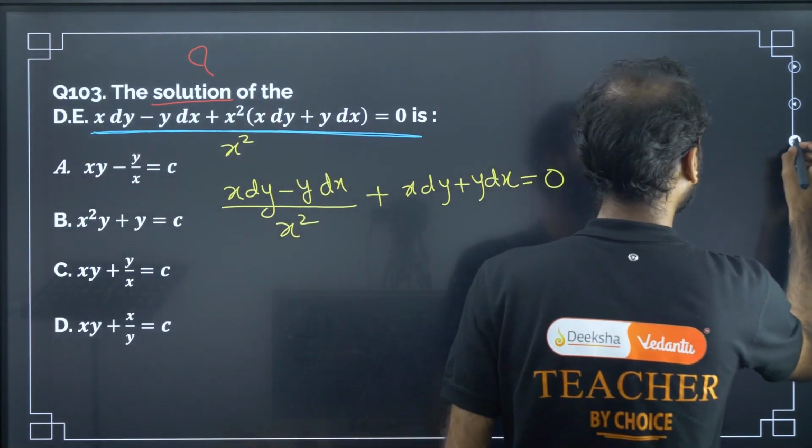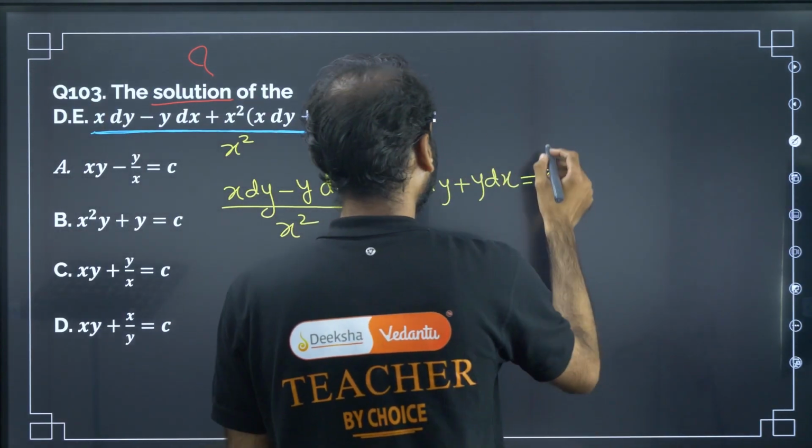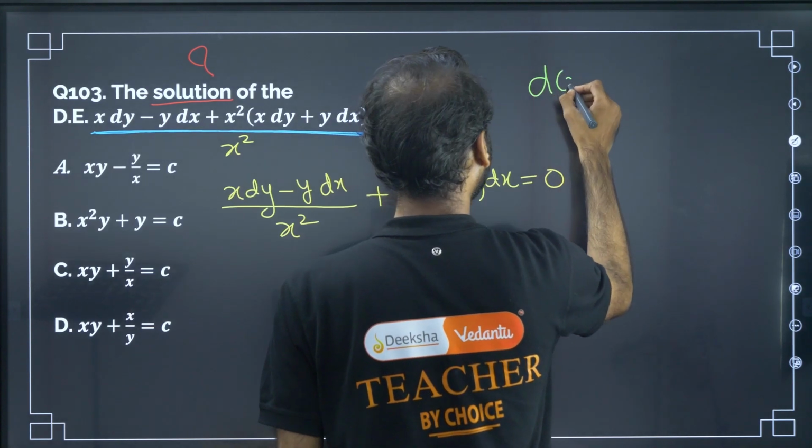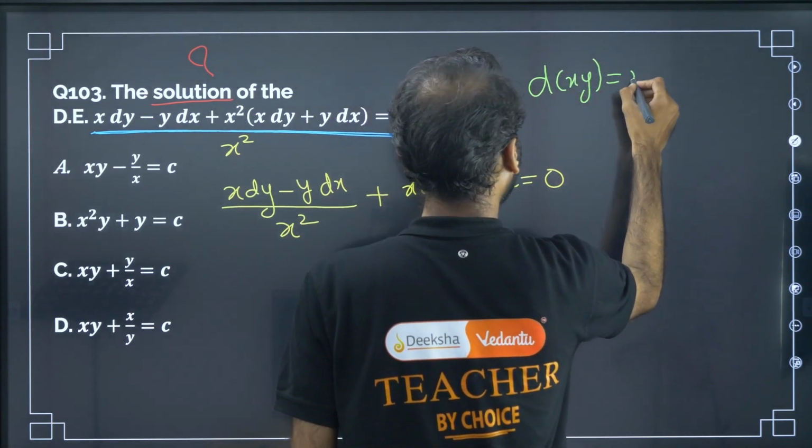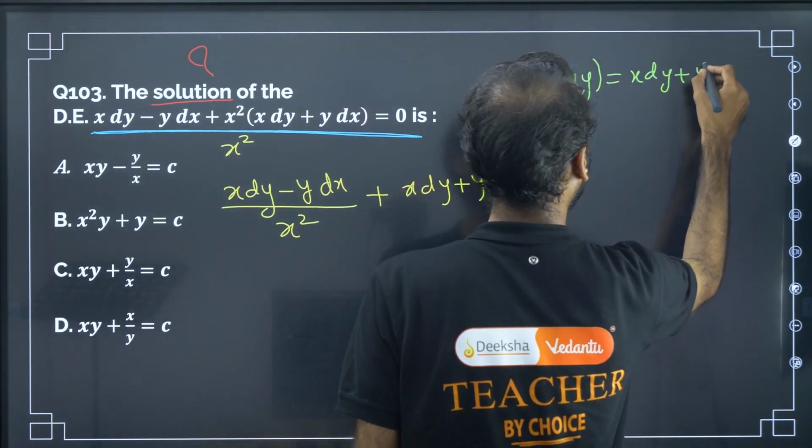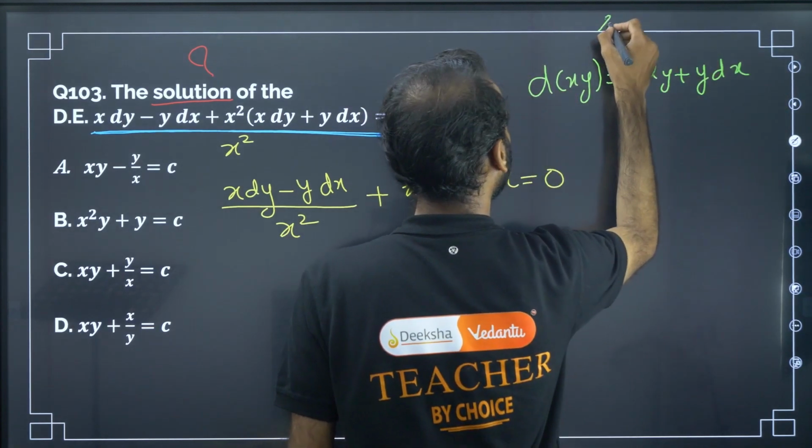So a few synopsis points you should be knowing. What are those synopsis points? Differentiation of xy is x dy plus y dx. Synopsis point.